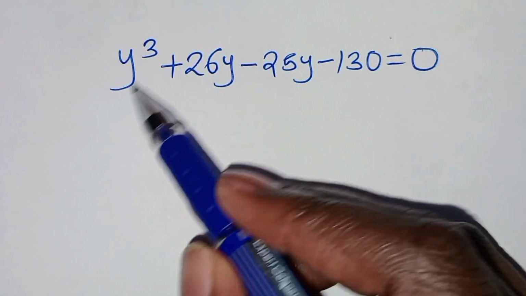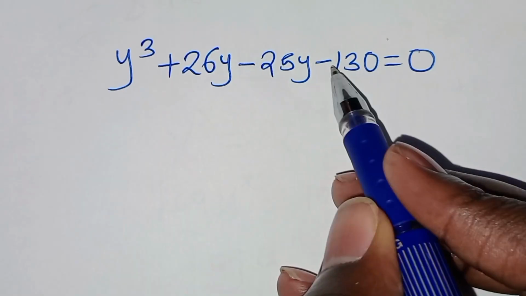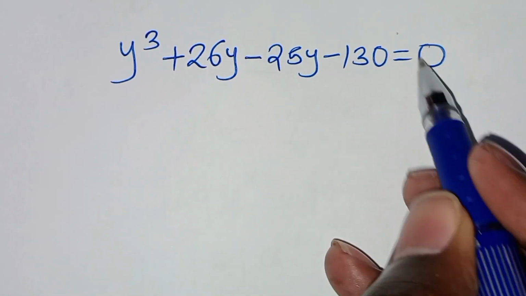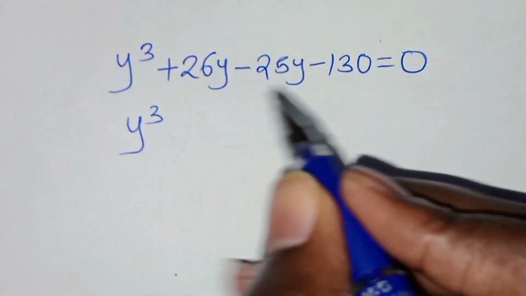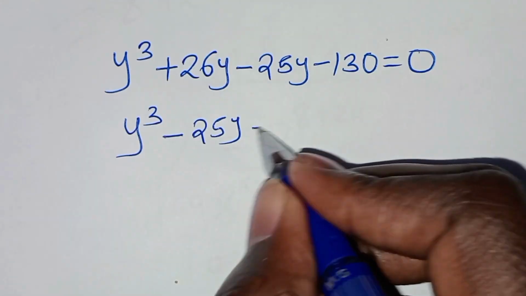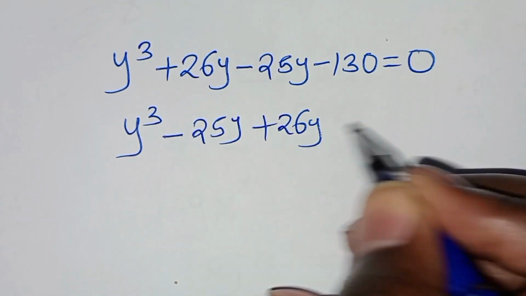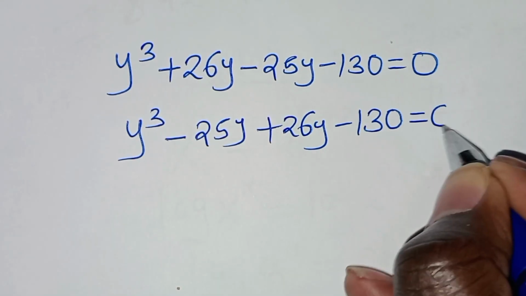Now here we have y to the power 3 plus 26y minus 25y subtract 130. This is equal to 0. So this is y to the power 3 subtract 25y plus 26y subtract 130. This is equal to 0.